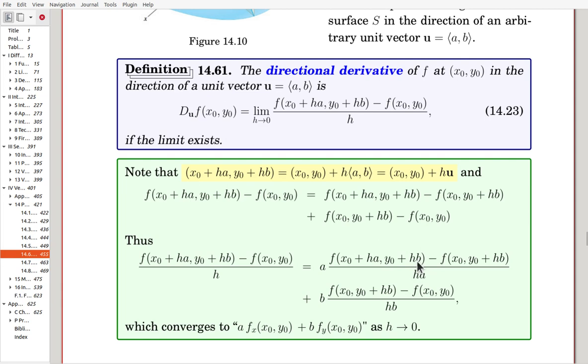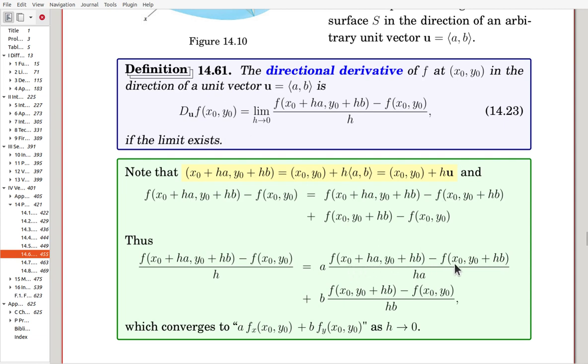Now, these two are in the y direction the same. They are not the same as y0. However, as h approaches 0, these two will approach y0. Now, the perturbation is this one.